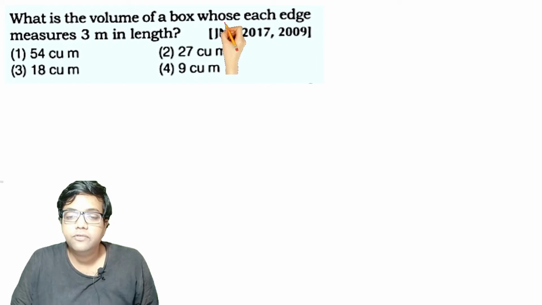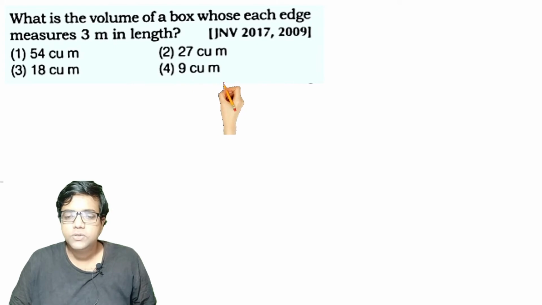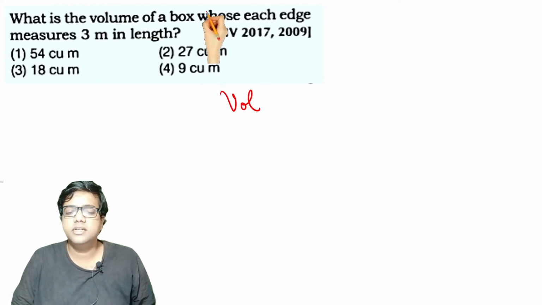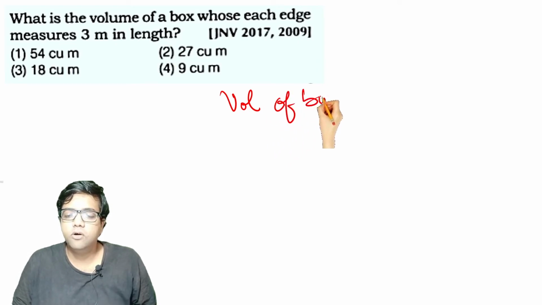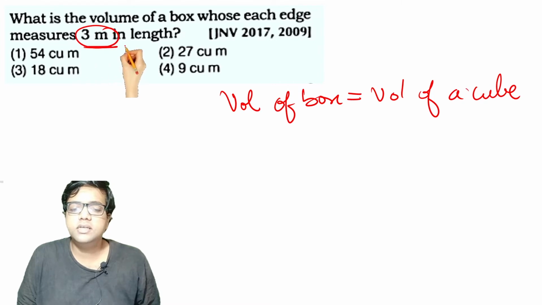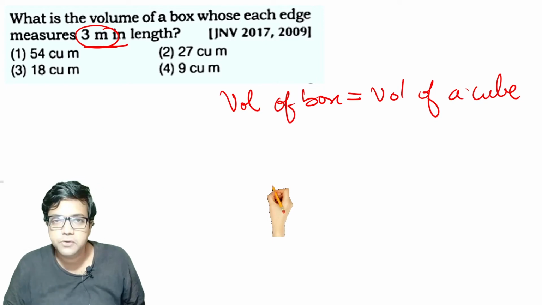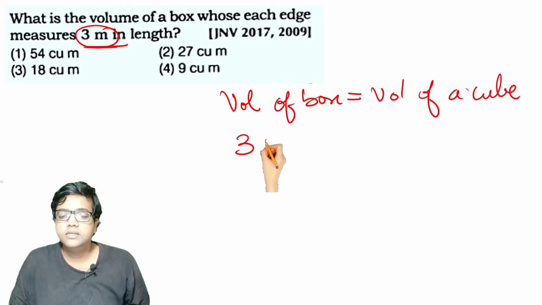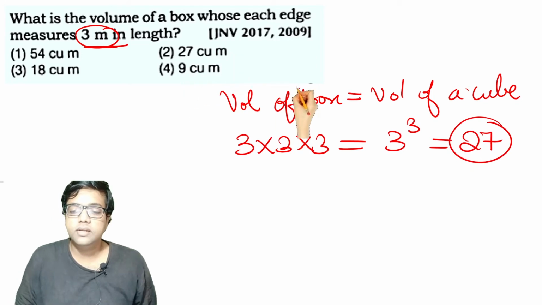Volume of a box means it is a cube here, because each side of the box is 3 meter, so all the sides are equal. Therefore the volume of a cube is side into side into side, which is 3 cube, which is 27.